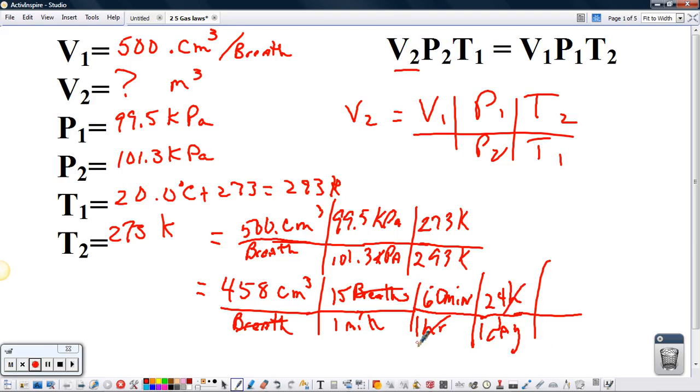So hours, minutes are gone. Now, I've got centimeters cubed per day. I want meters cubed per day. Now, I don't see anything over there that's going to help me with meters cubed. I see centimeters cubed and decimeters cubed, but they're not equal to meters at all.